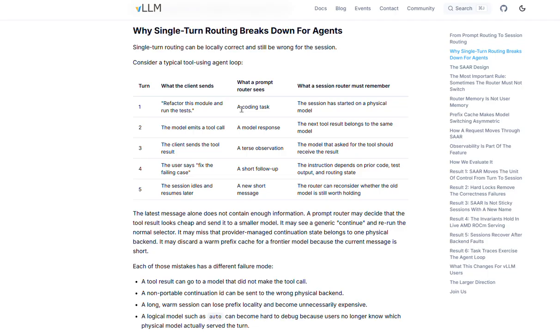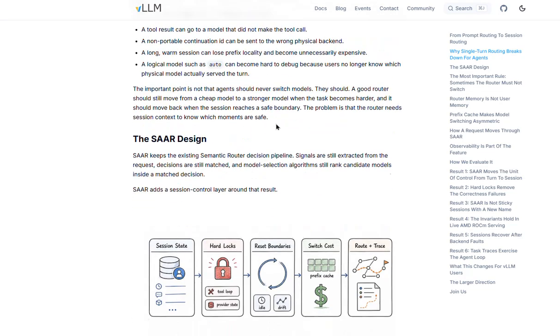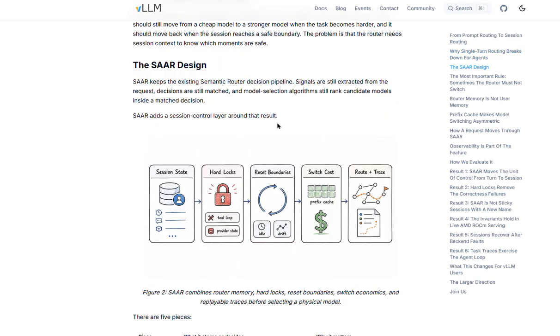And when we switch models, there are dependencies on how each model behaves as well. So we'll go deeper into what those are. The session state is really important.